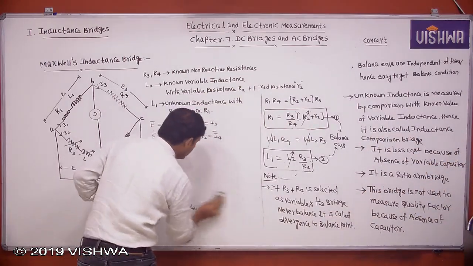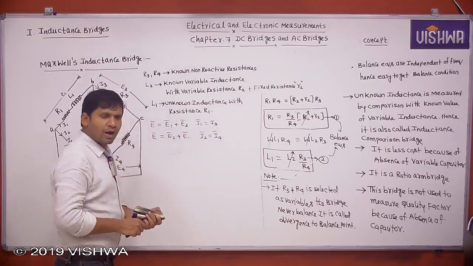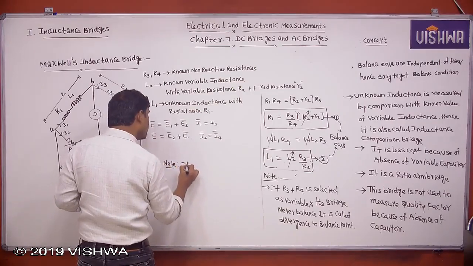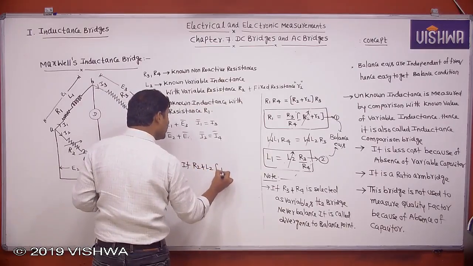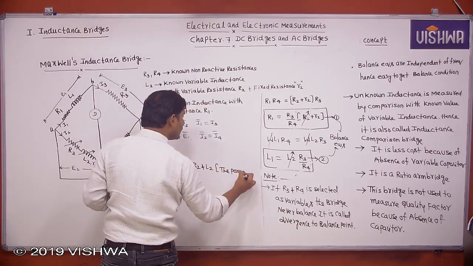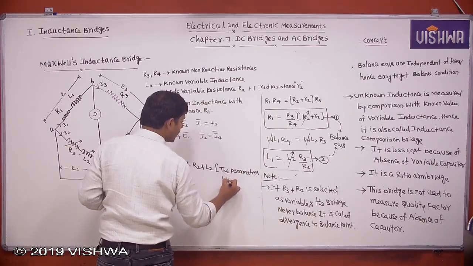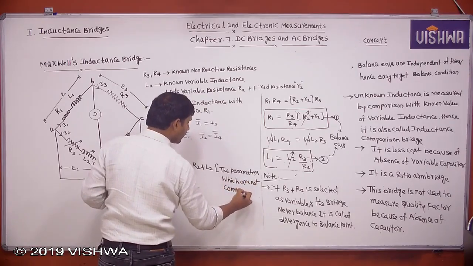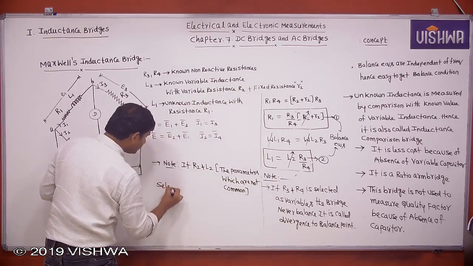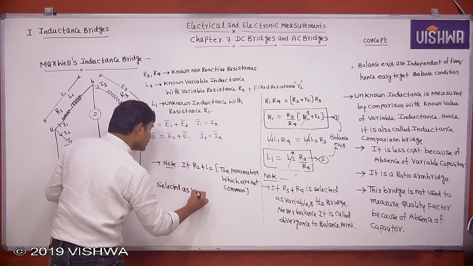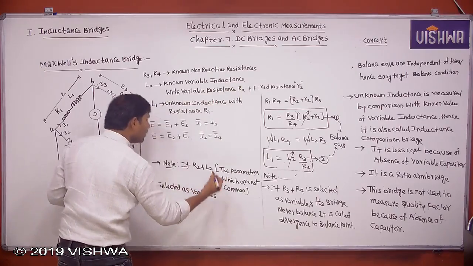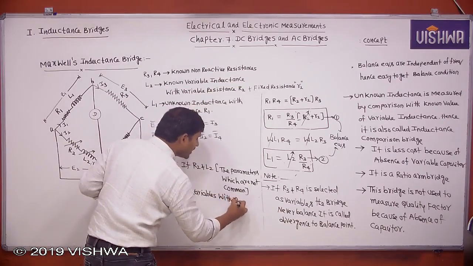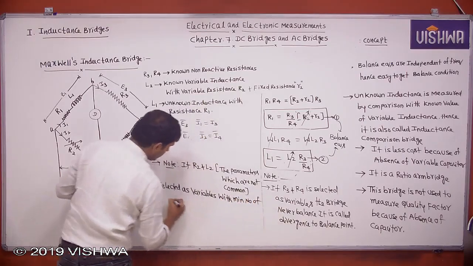One more note, if R2 and L2, the parameters which are not common, are selected as variables, then with a minimum number of steps the bridge is balanced.